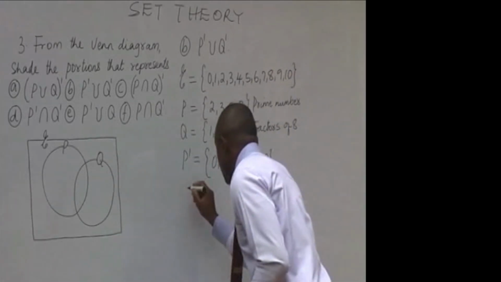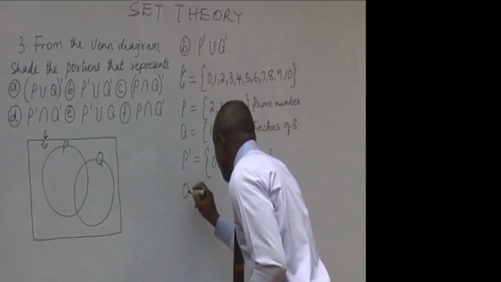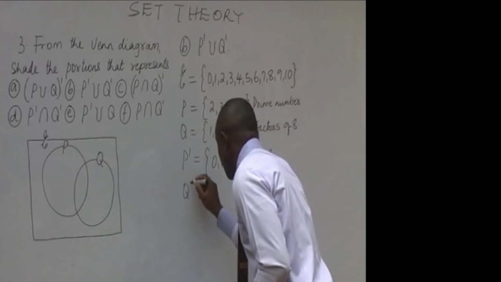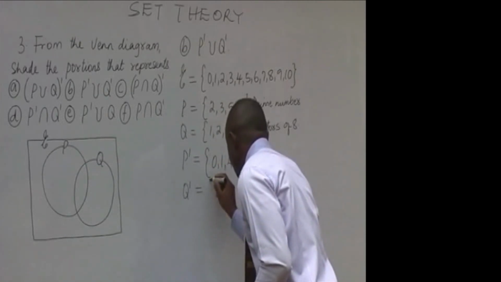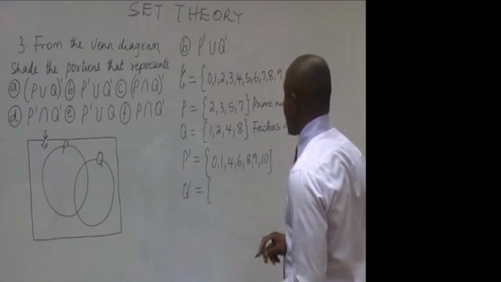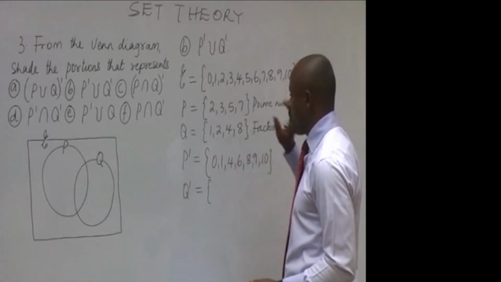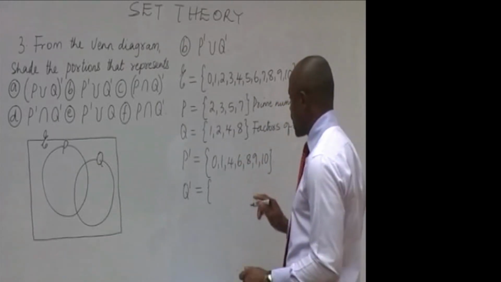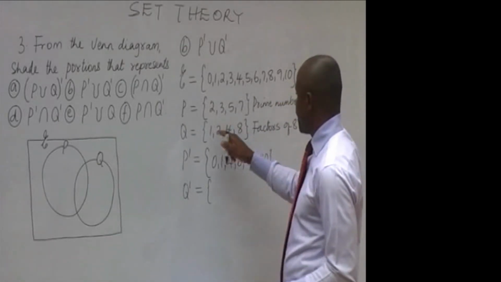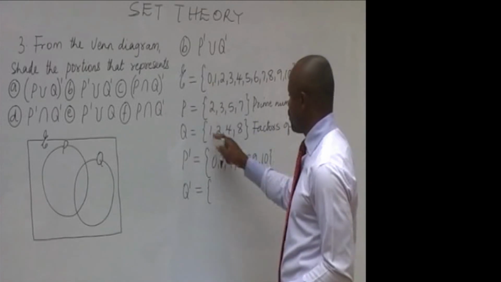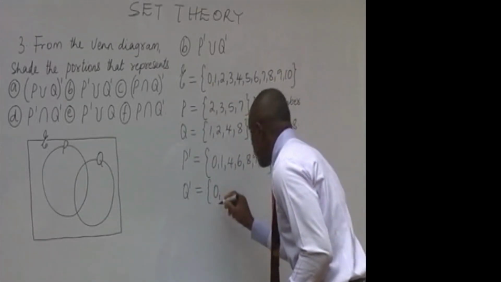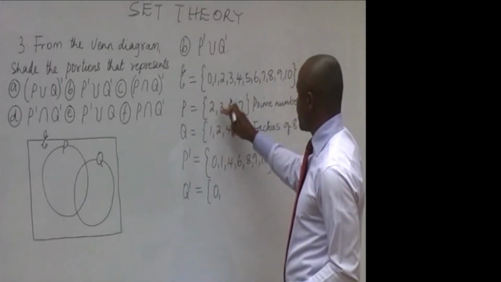So let's find Q prime before we can find P prime union Q prime. Those members of the universal set that are not found in Q are Q prime. Let's check them. There's 1, there's 1, there's no 0 here. It starts from 0. There's 1, there's 1, 2.